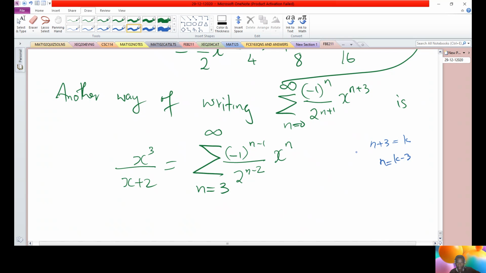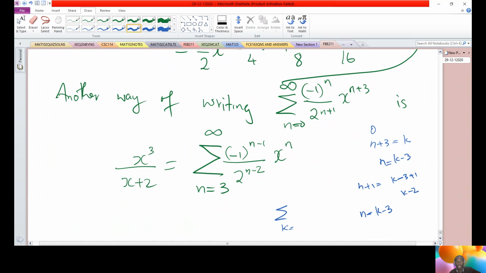So which means that at this point, n plus 1 will be k minus 3 plus 1, which is k minus 2. And at this point, we have n, which equals k minus 3. So now this can be written as a summation. Remember, when n is 0, when you put n equals 0 here, k becomes 3.